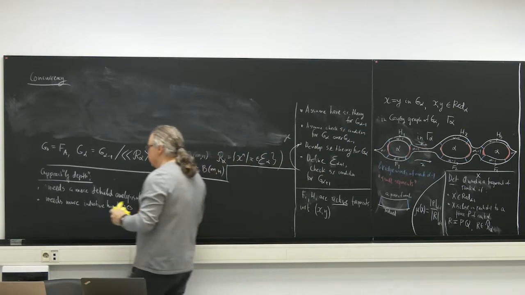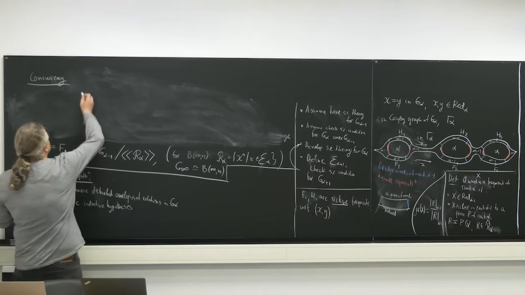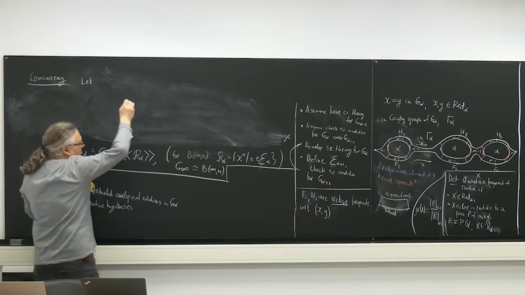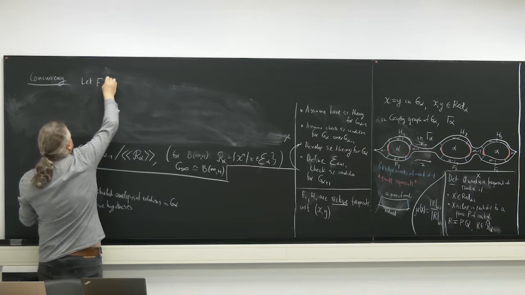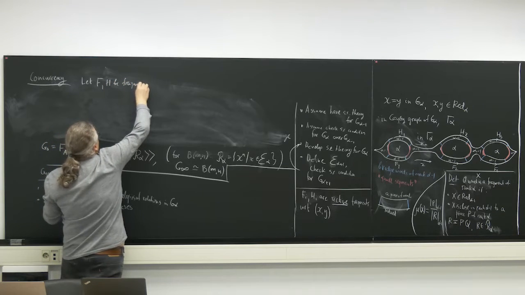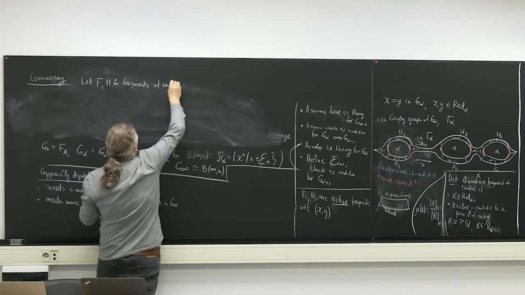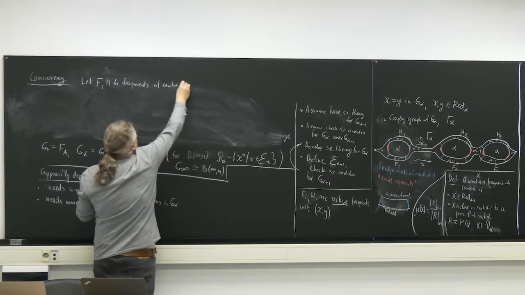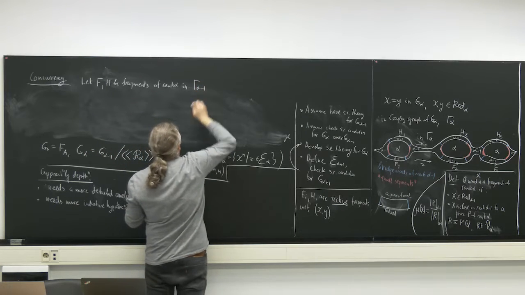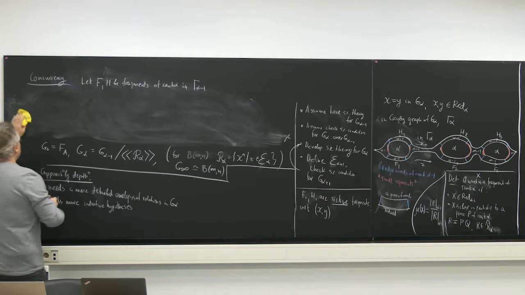So what does it mean? First we start with the Cayley graph. We have fragments, say F and H, of rank alpha, but in the previous Cayley graph, in K alpha minus 1. So we have a picture like this.